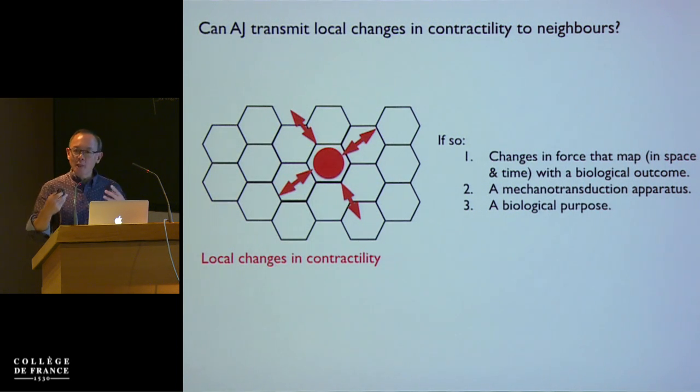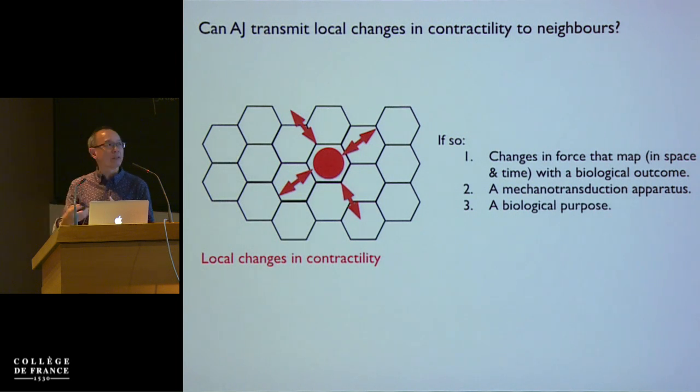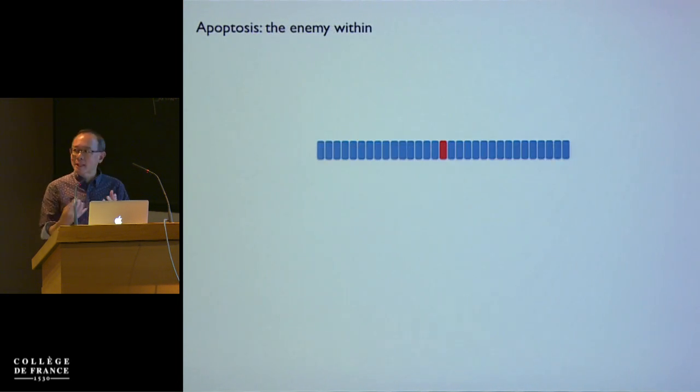We'd want to be able to identify patterns of force or changes in force that map in space and time with some sort of biological outcome. We want to identify an apparatus that is able to detect those changes in force, and we want that to have some sort of biological purpose. So that's ultimately the goal of what we would be trying to achieve with prosecuting this hypothesis.